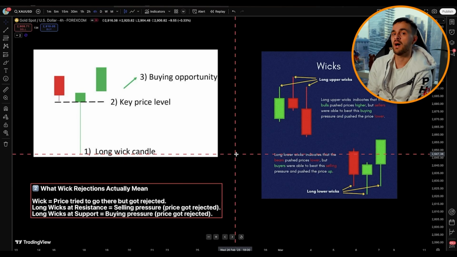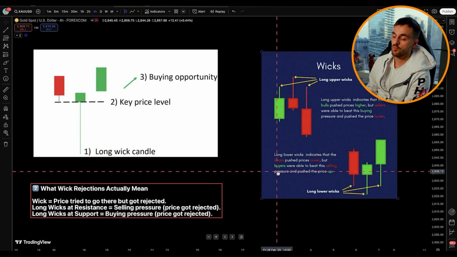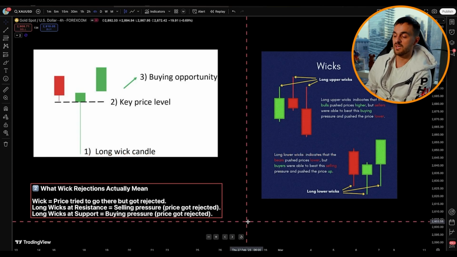So it's where you go from buying activity slowly switching over to selling activity. Whereas long lower wicks indicate that the bears pushed price lower, but buyers were able to beat this selling pressure and push the price up, creating a reversal, giving you support.